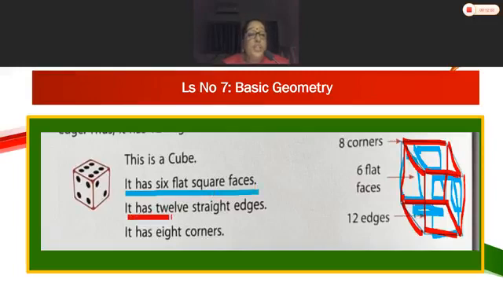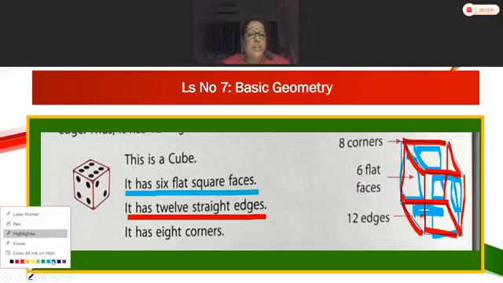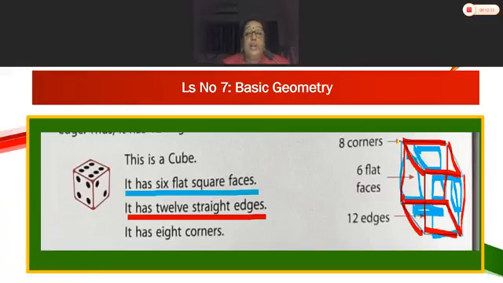So we have seen 12 straight edges with the red color. Yes. Now we will see corners. There are 8 corners. 1, 2, 3, 4, 5, 6, 7, 8. Okay, with the yellow color, we have seen the 8 corners.